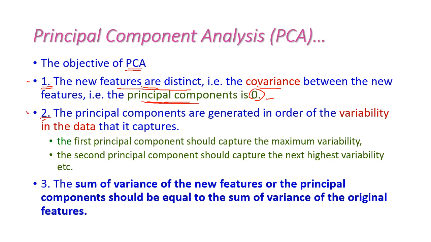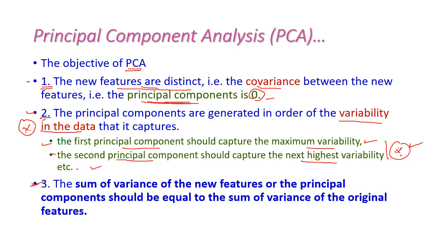The second one is that the principal components are generated in order of variability in the data. Based on the variability of the data, the principal components are created. That means the first principal component should capture the maximum variability, the second principal component should capture the next highest variability, and so on. In this way, the new principal components will be created.